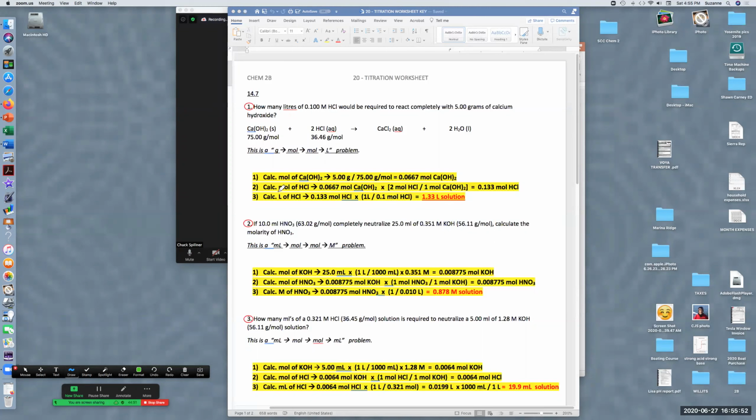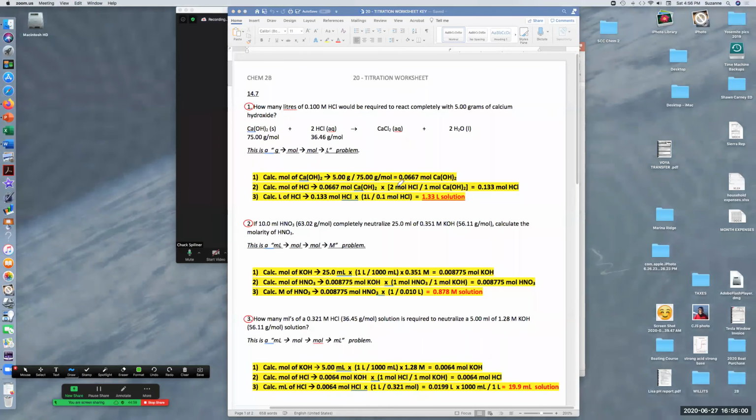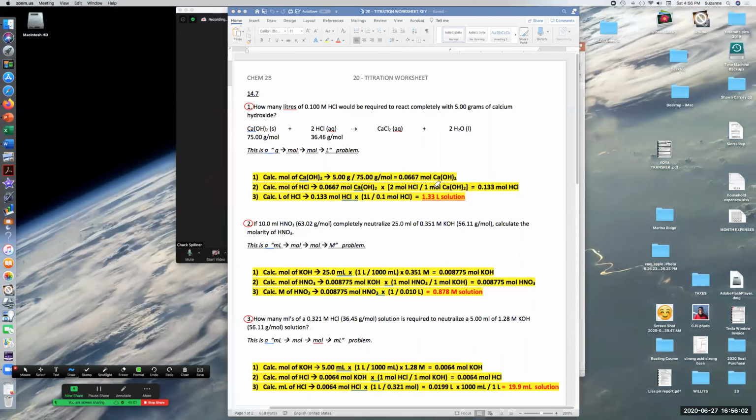So next, we calculate the moles of HCl. So we can convert the moles of calcium hydroxide using the stoichiometry of 2 moles HCl per 1 mole of calcium hydroxide. So the calcium hydroxide cancels out. We're left with moles of HCl. We come up with 0.133 moles of HCl.